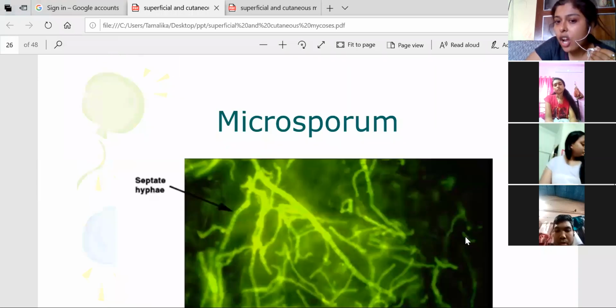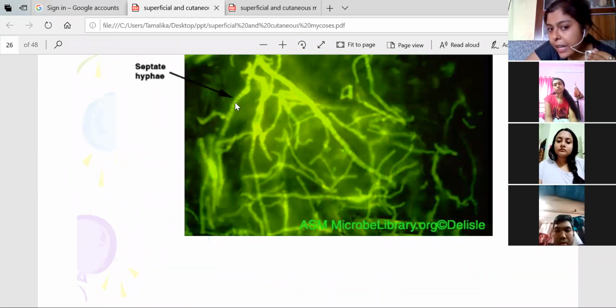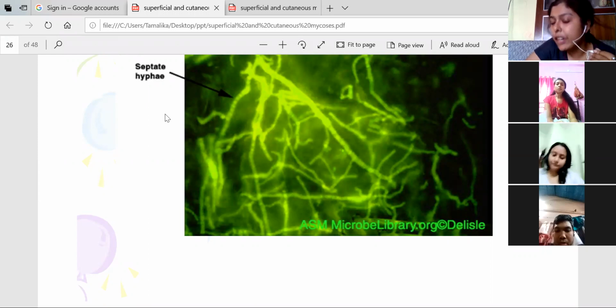This is your Microsporum. You have mycelia, and see, this hypha is septate. You get to see septation. You get to see that there are septate hyphae in this particular figure. Am I clear?